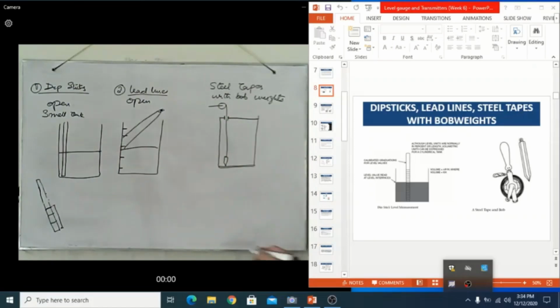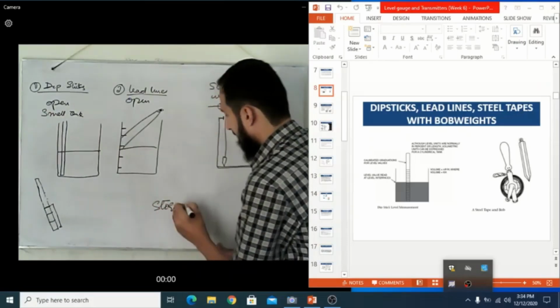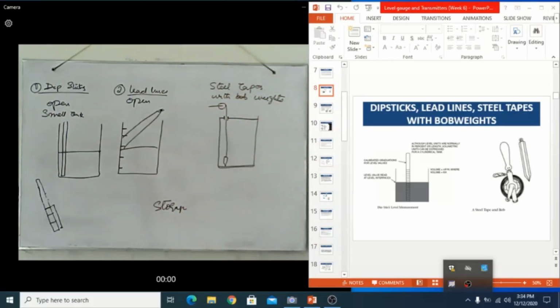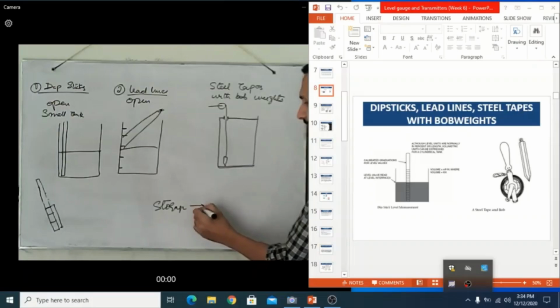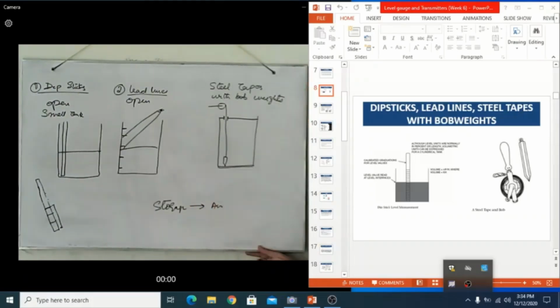Well, if I'm talking about storage, storage requires certain specifications as well, because your product, if it interacts with normal air, may deviate from its storing specs.